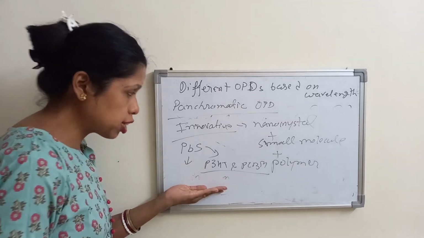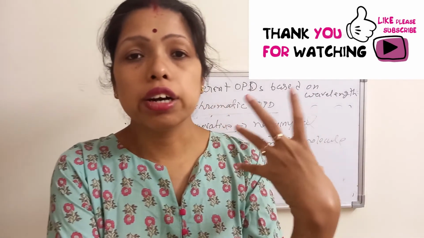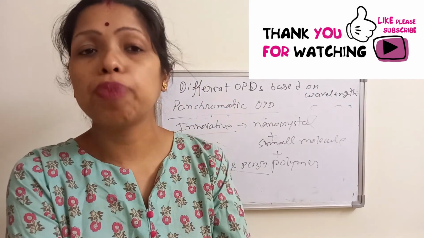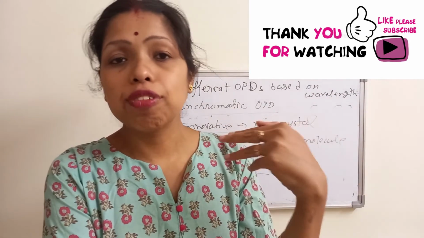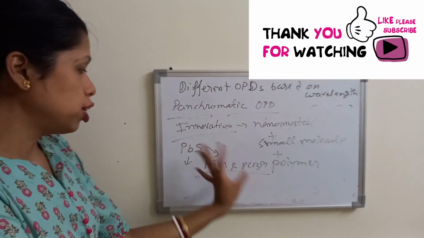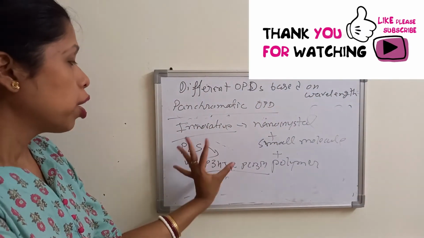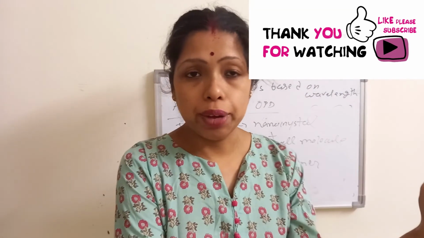By using this kind of hybrid material, we can get a high response speed. That is already published. They achieved an improvement in efficiency and response speed. So this is one of the innovative processes for designing the panchromatic OPD, right?